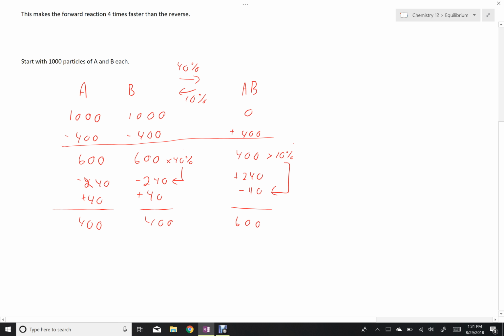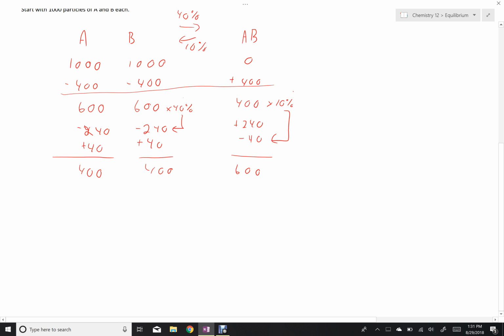Now, getting a little closer to even here, but not quite there yet. These guys, again, are going to react away in the next instant, 40% of them. That's 160, 40% of 400. That's going to create 160 new of the compound AB. And 600 here is going to decrease by 10%, so that's going to be 60.